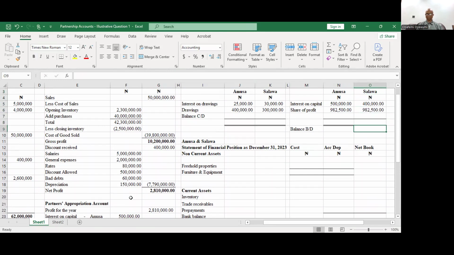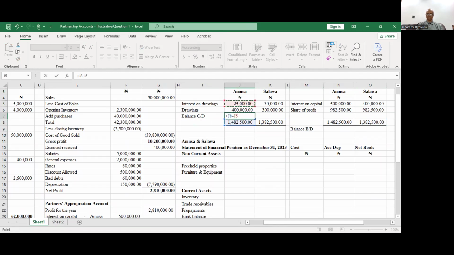Now let's add them together. Of course, the amount on the right side is higher. So let's do the summation of the two. Then let's extend it to the left. So let's look at the difference. The difference will form the amount to be carried down. Minus that one, and then minus 400,000.